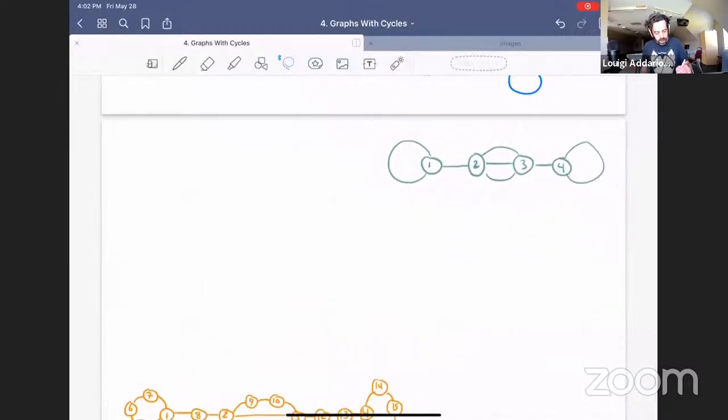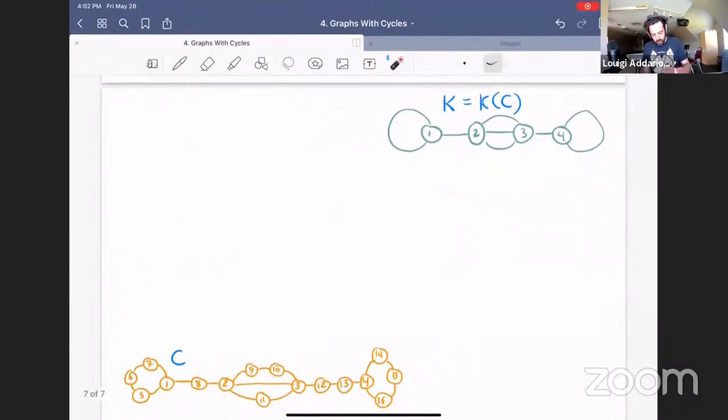And I want to say, what data do we need to reconstruct this kernel, which let's say is the kernel of the core I drew down below. Right. What data do we need to go from the picture on the top to the picture on the bottom?